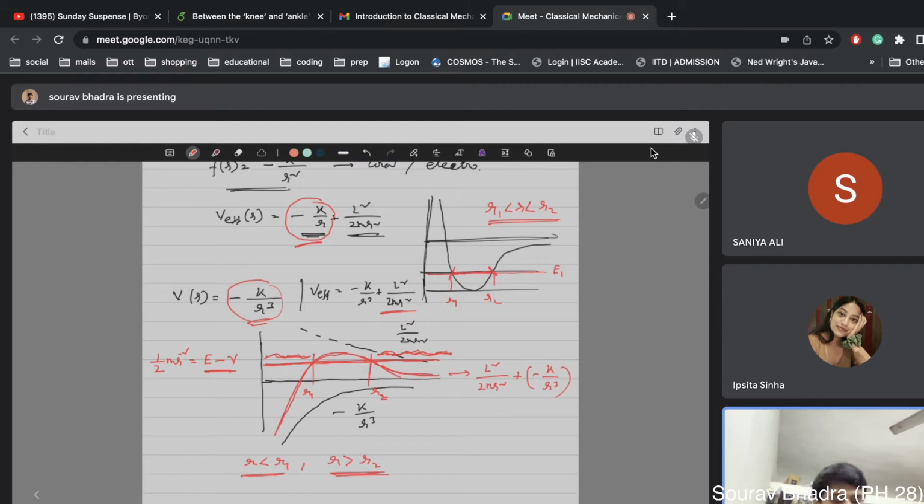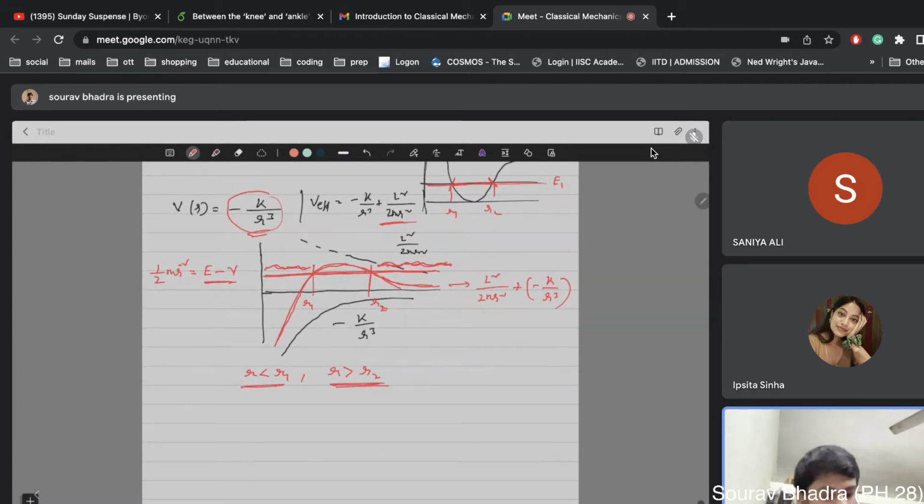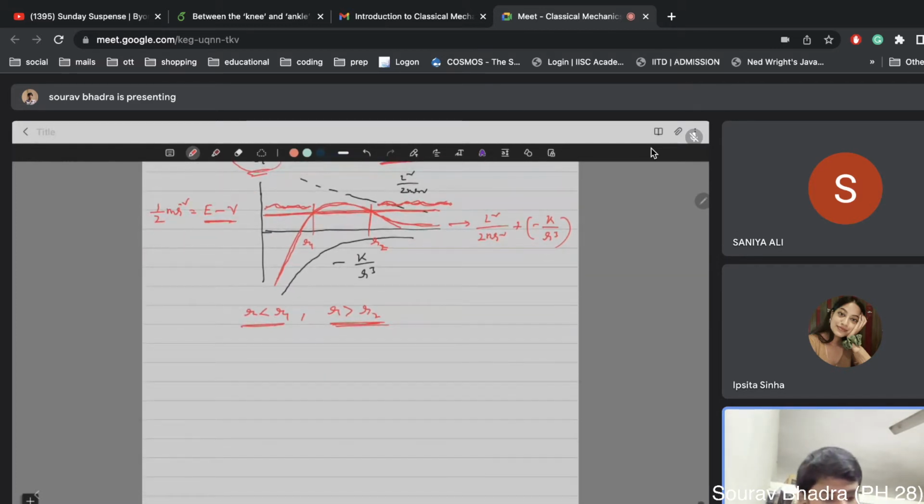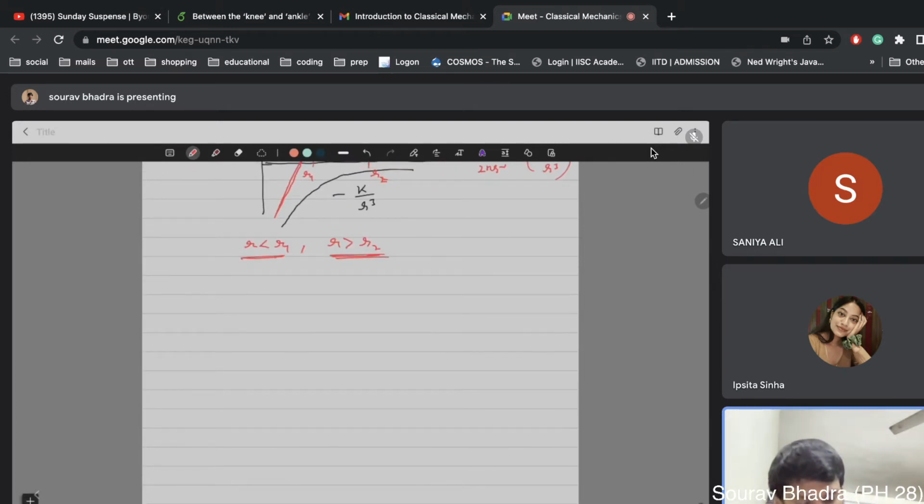Now we will do one problem that will help you to solve your assignments also. Suppose I have a particle and I have a potential, this type of potential.